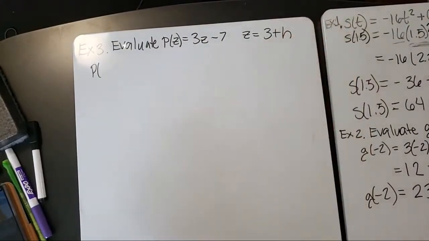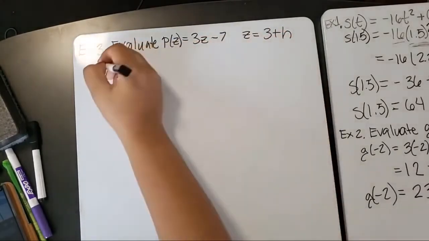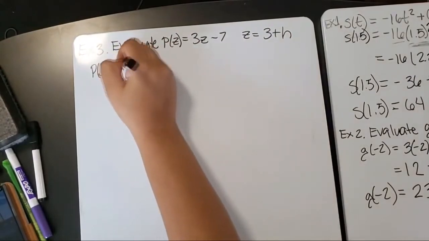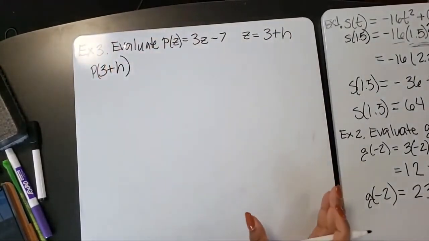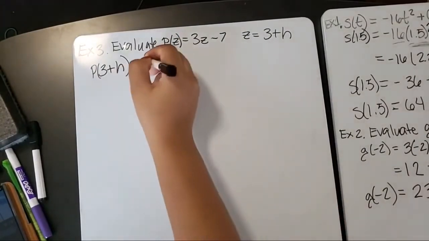So this is another reason why I asked you guys, whatever you substitute in, to put it in parentheses, whether it's a positive number, a negative number, or this whole thing. We've got 3 plus H. So we're going to plug in 3 plus H wherever we see a Z.